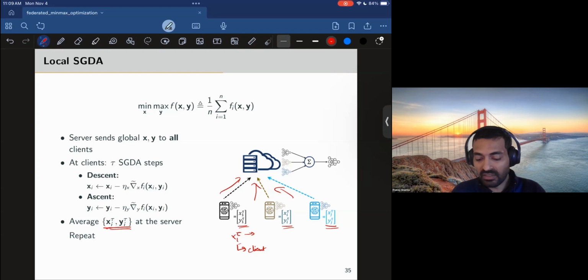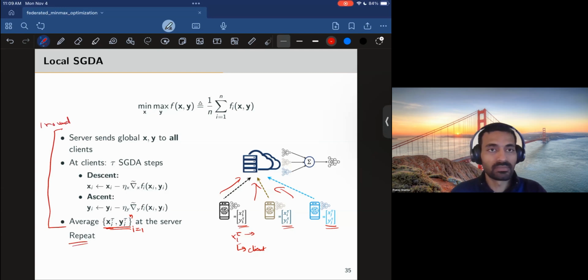So the server takes these x_i^tau, here we are going from i equal to 1 to n, and the server simply averages them. This completes one round. So this is one round of local SGDA, and then the process repeats.